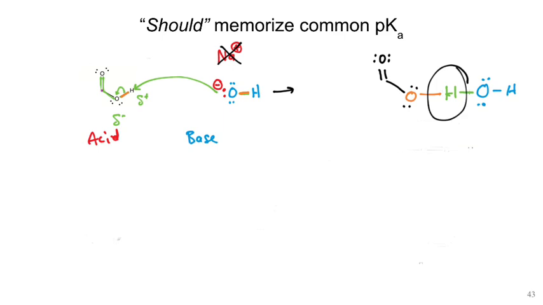Too many. The octet is exceeded. Am I allowed to exceed octets on hydrogen? No. So what had to happen? It had to break a bond, either the green bond or the orange bond.